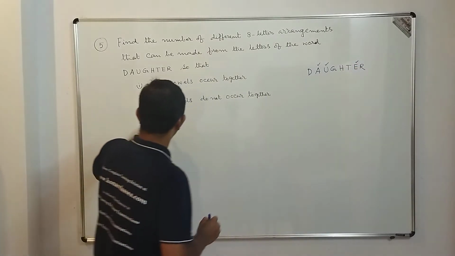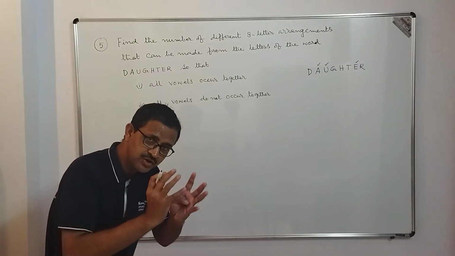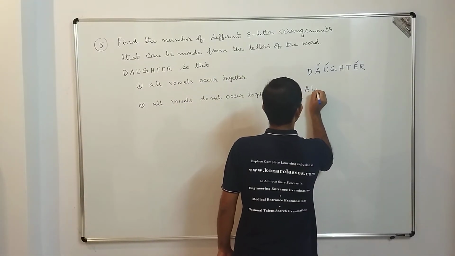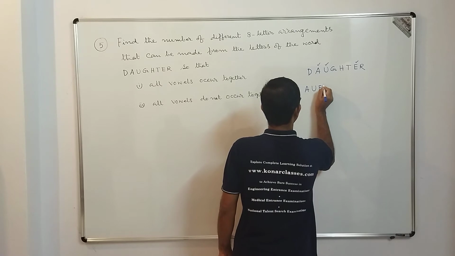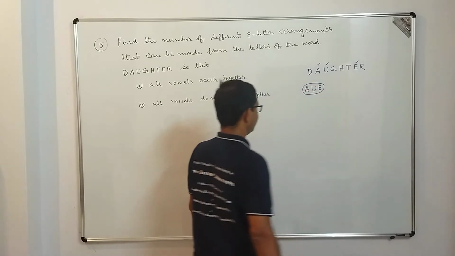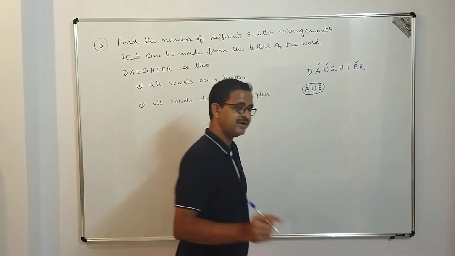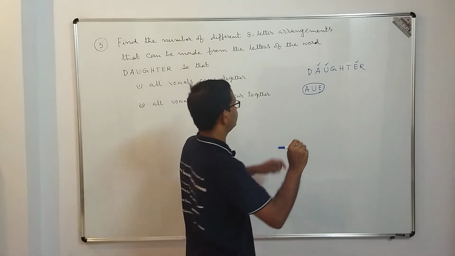In the first question, all vowels are together. That means we can make A, U and E together and consider them one single object. Once we consider A, U and E together as a single object, what are the other objects?